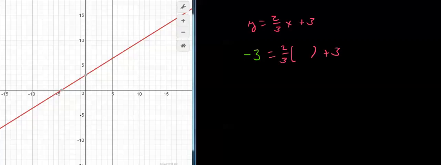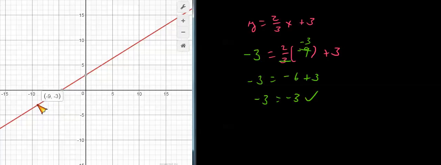And x was -9. All we did is we took a point off of this line, and we get -3 equals, 3 goes into -9, -3 times, -6 plus 3, or -3 equals -3. Checks. So this point, -9, -3, is in fact a solution.